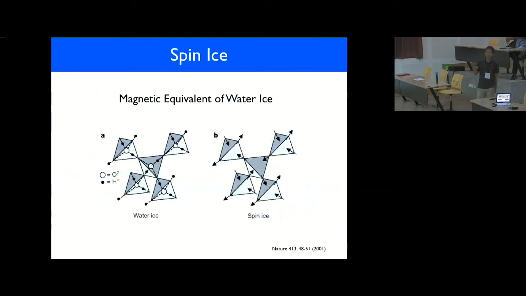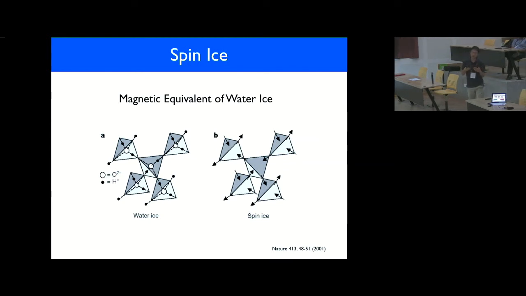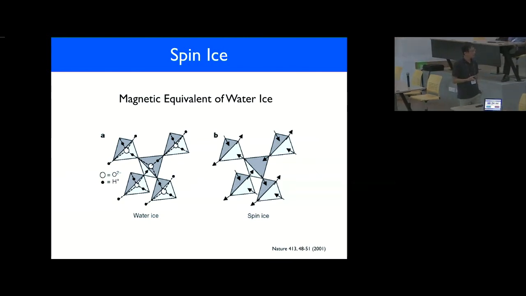Now to minimize the energy of a single tetrahedron, you can follow the exercise proposed by the previous speaker: sum up the vector sum of the spins in a single tetrahedron to be 0.